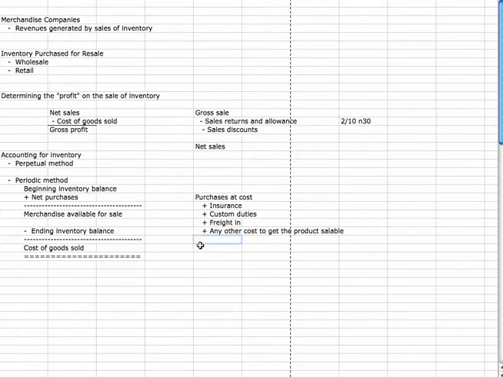Now we do subtract a couple things out of here, minus our purchase discounts. Just like we have sales discounts, these are purchase discounts when we pay our vendors early, minus purchase returns and allowances. Okay?